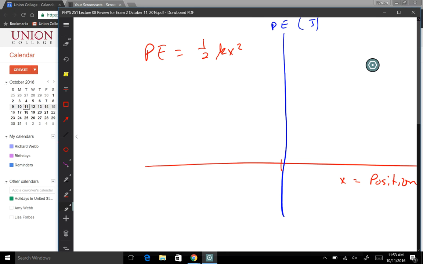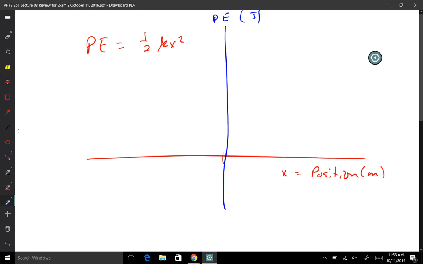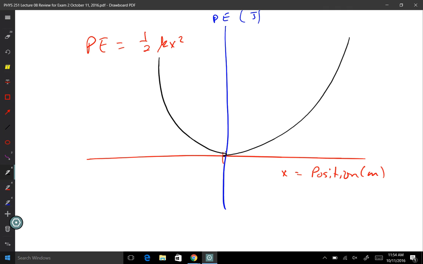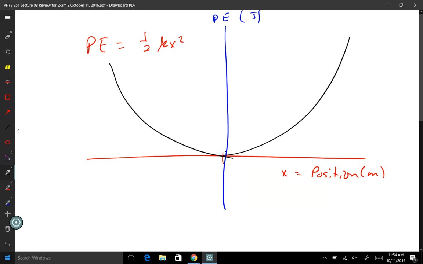If I graph this function, it's going to look like a parabola, so it's going to be going like this. Imagine that that's a perfectly symmetric parabola, if you will. Okay, so my parabola looks like that.